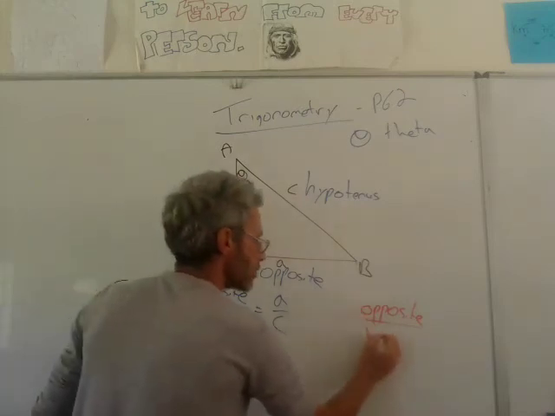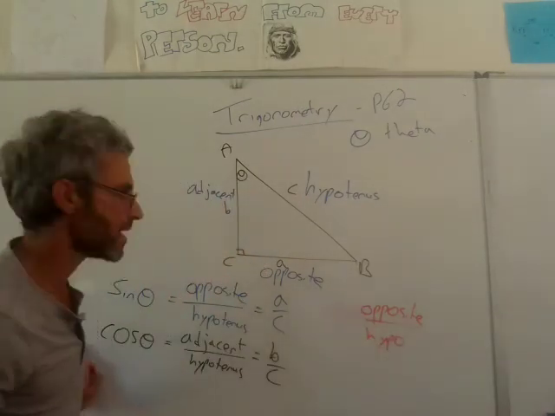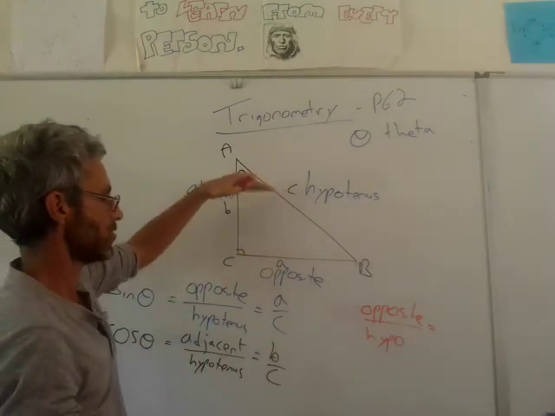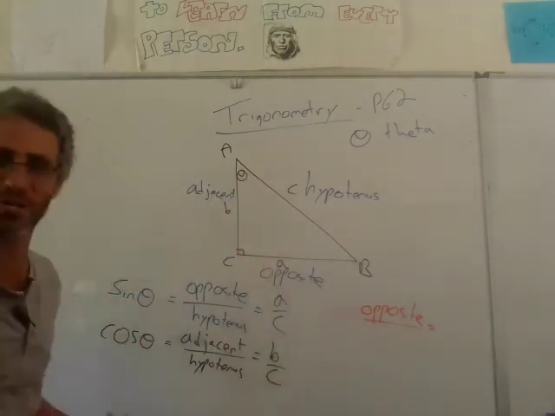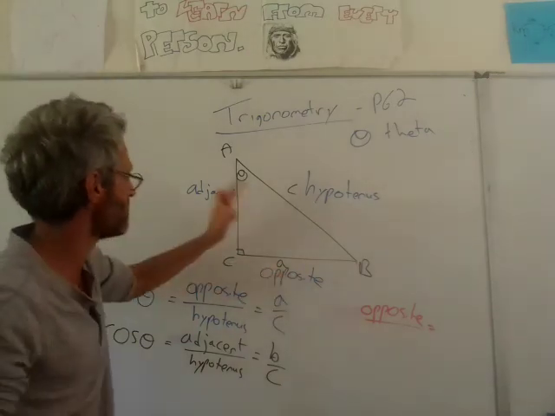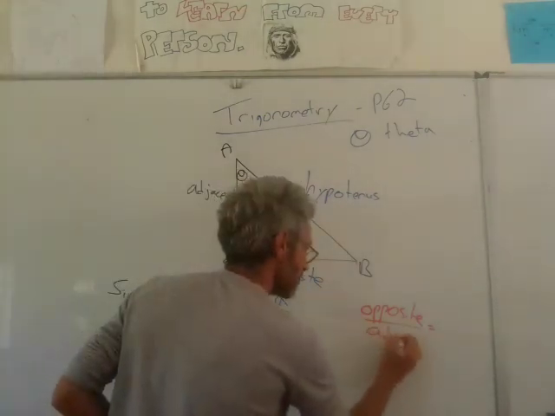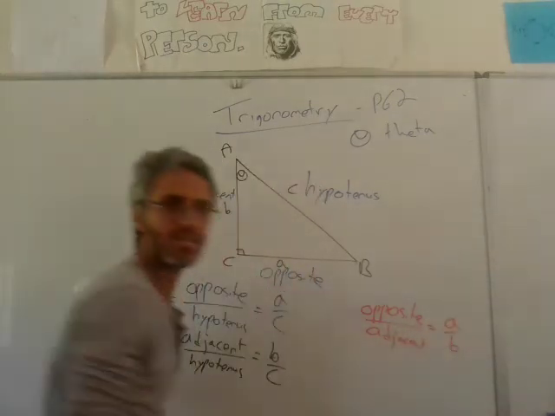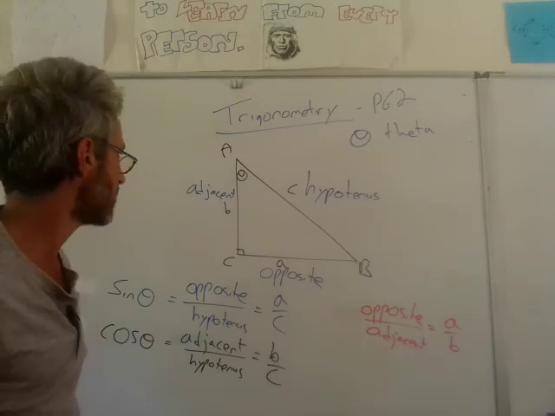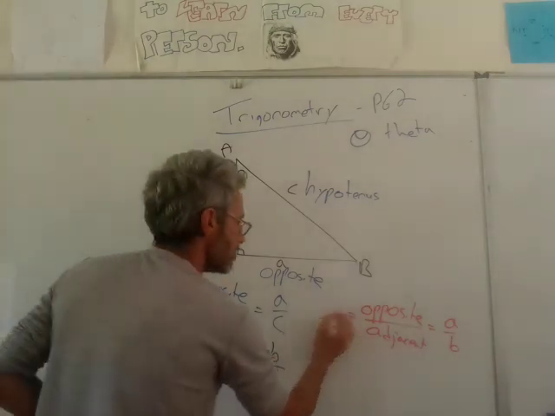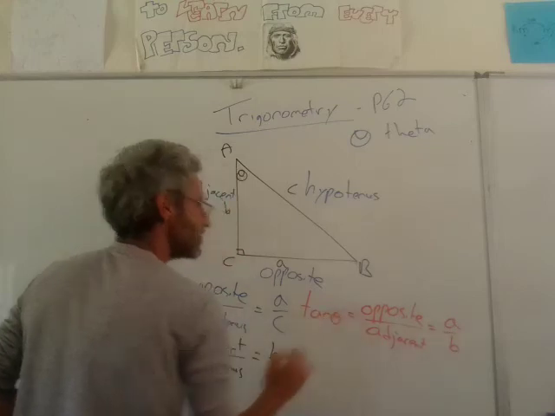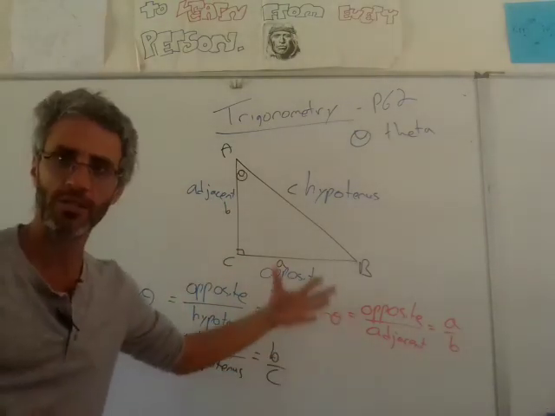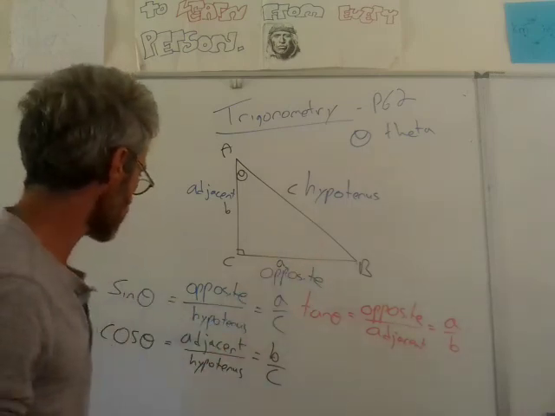It's the opposite divided by the adjacent, so it's a divided by b. That's going to be called tan theta. So these are the three definitions that you've got to work with.